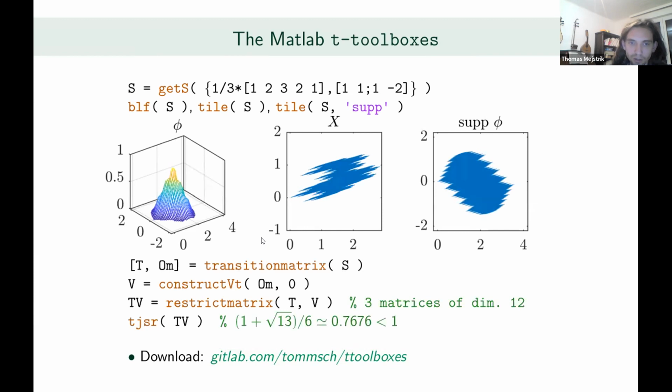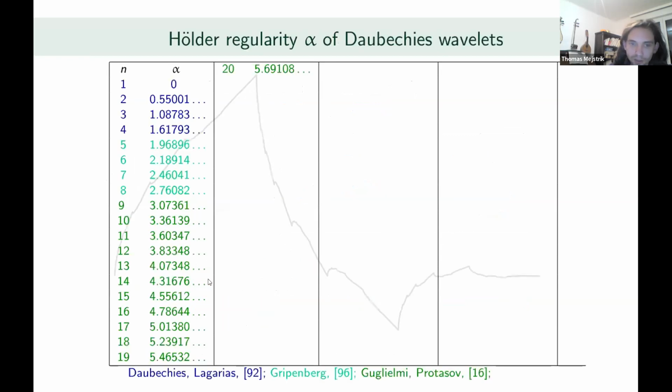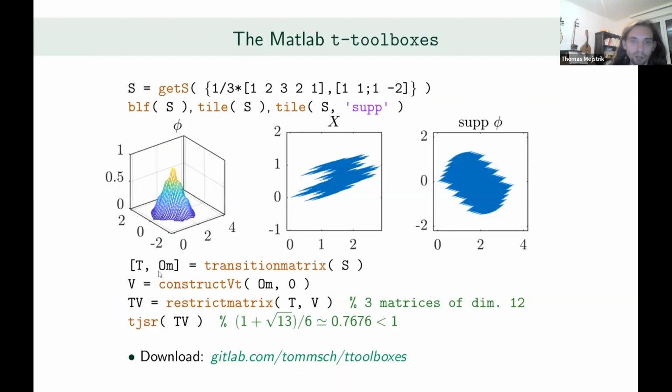And also the invariant polytope algorithm is implemented with the name TGSR. The T stands for invariant polytope algorithm. It has nothing to do with my name, Thomas. And yeah, transition matrices constructs the matrices T, and construct V constructs this subspace orthogonal to the one, and so on.